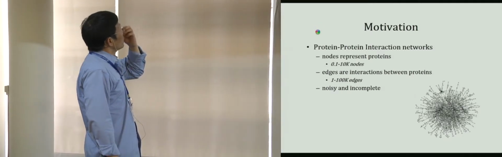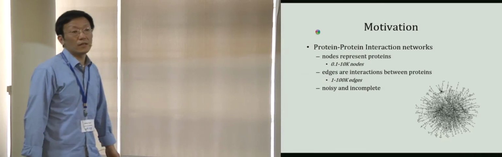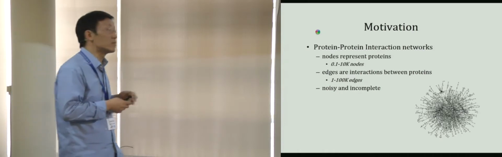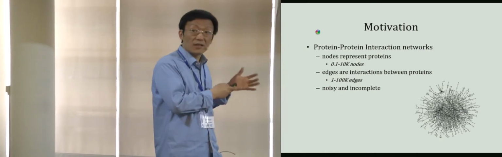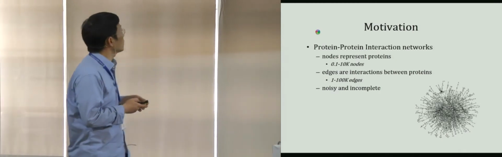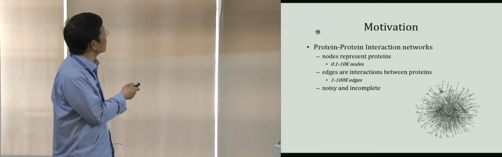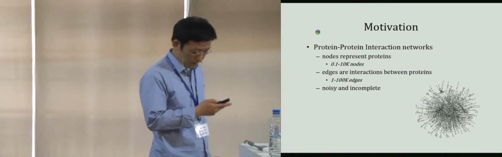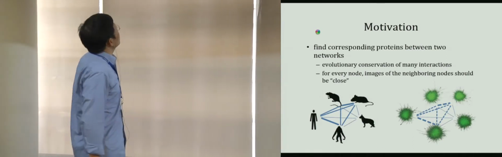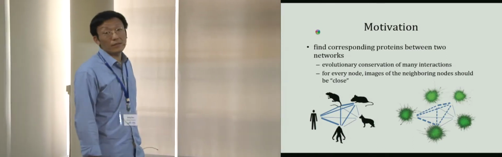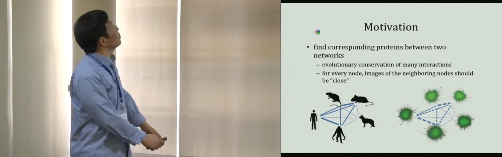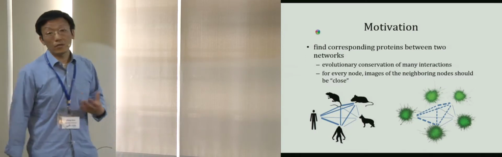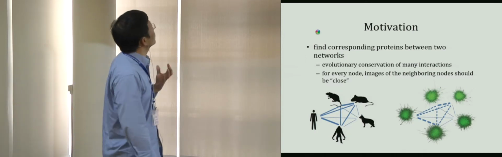It's also known that in this kind of PPI network, the existence of edges is not that certain. There might be mistakes in this network. So what do we want to do here? We want to find the proteins between these 2 PPI networks which are evolutionarily conserved or functionally similar to each other.